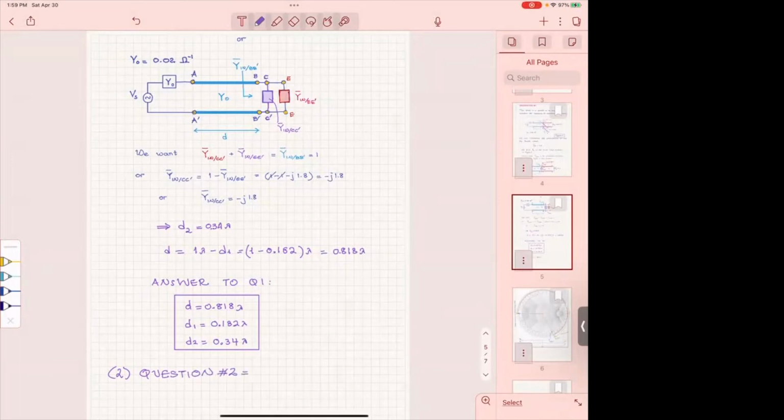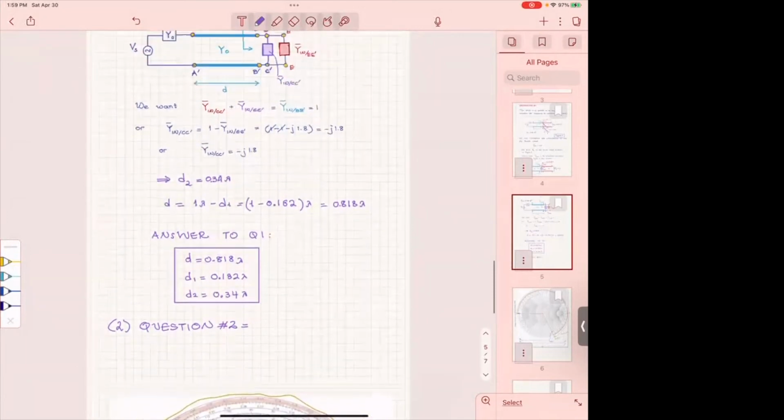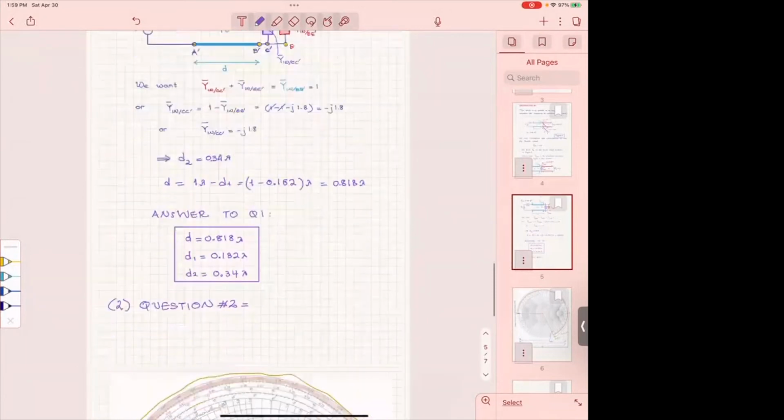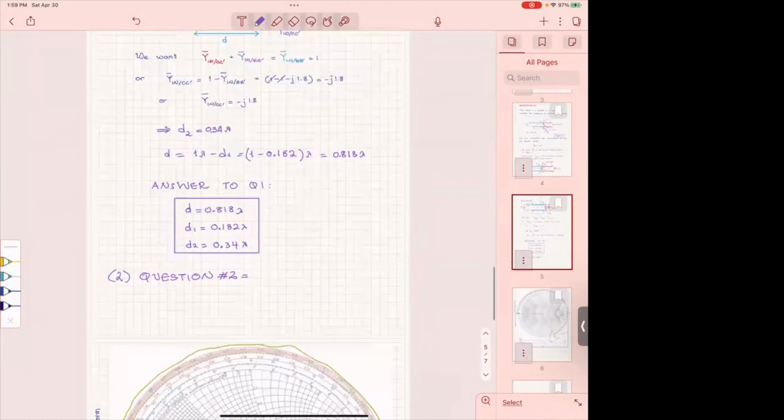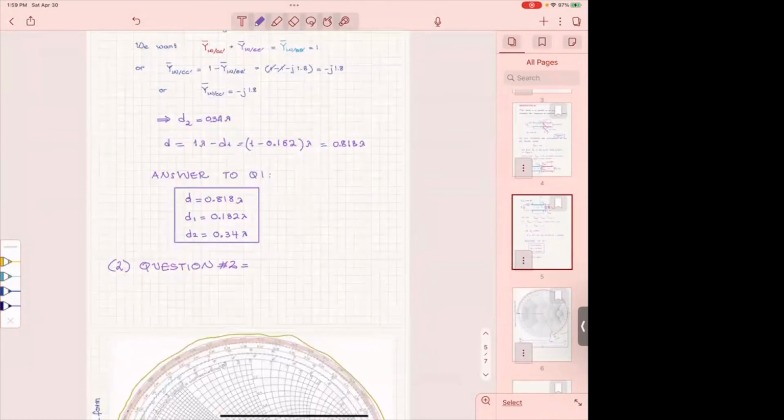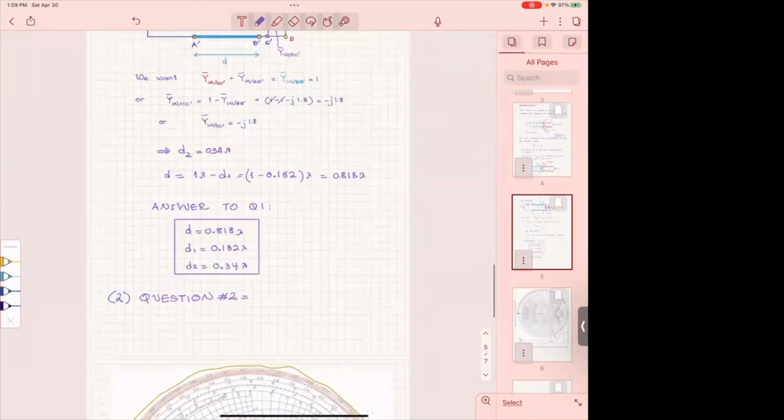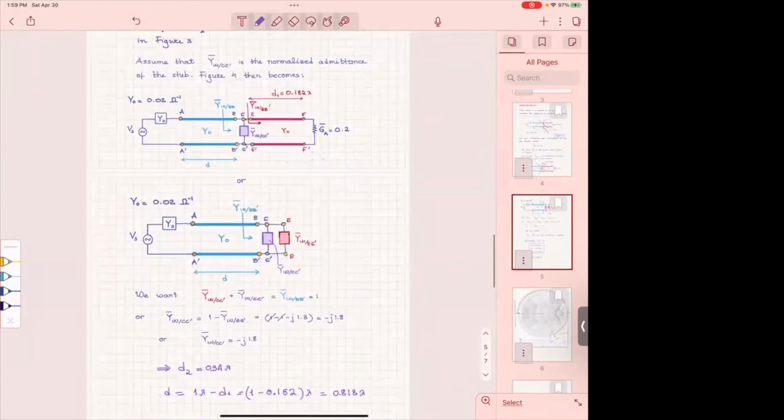It asks us to find the maximum impedance from the impedance that goes to the antenna. But since the input impedance here, we found, is equal to the characteristic admittance of the line, that means the Y input at BB prime is nothing else but Y naught.